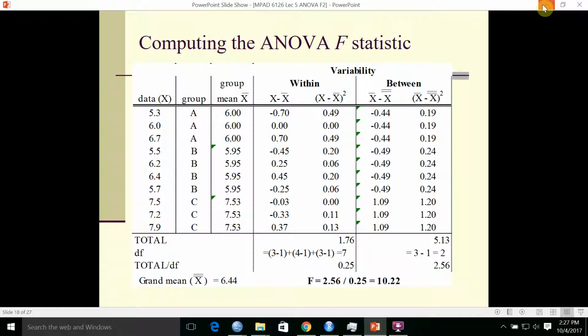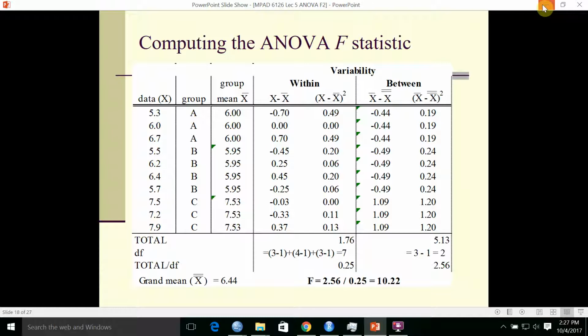So 5.3 minus 6 is negative 0.7. Then we would do the same thing for each one of the next observations. So 6 minus 6 is 0, 6.7 minus 6 is 0.7, 5.5 minus 5.95 is negative 0.45, and so on and so forth.